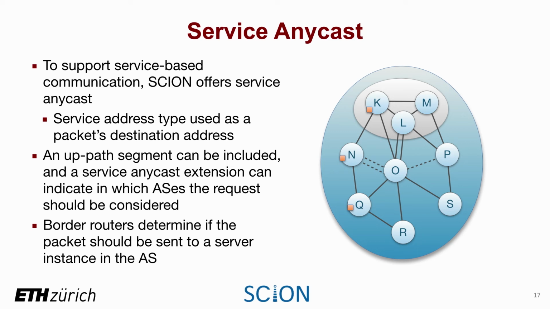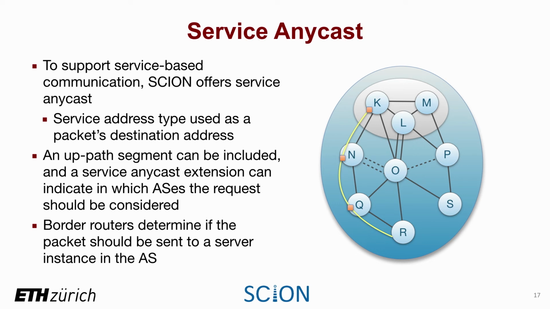So here we see an example where AS R sends such a service Anycast message through this yellow path through ASs Q, N, and K. And we now see the orange dot in ASs Q, N, and K that represent the given service within each AS.